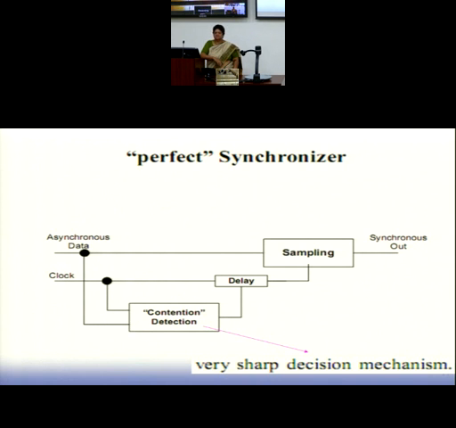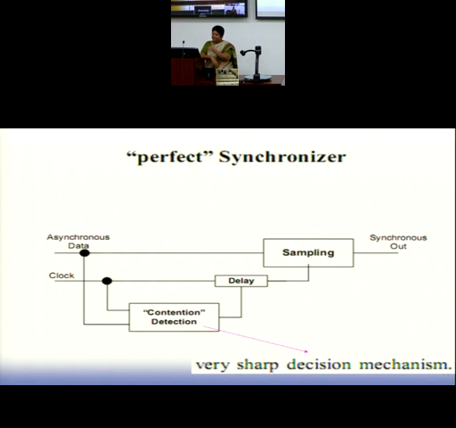Contention detection. This is known as contention detection. That you look at the data. If the data is metastable, do not allow it to latch. You will say, this is what I am doing in my cascaded design also. I am giving it more time. Okay, I understand, but I still want a 1 clock cycle solution. I will not allow it to latch because it will cause metastability to happen.